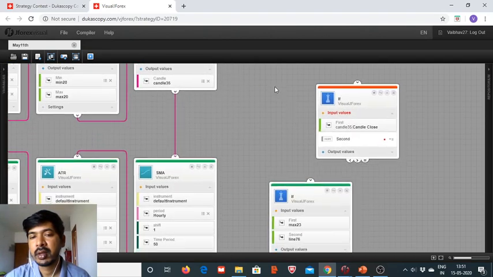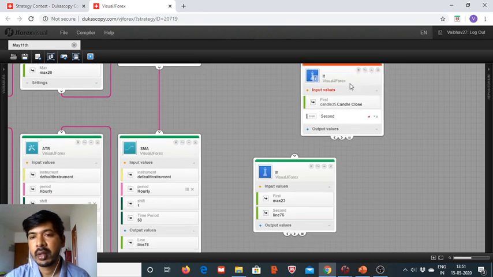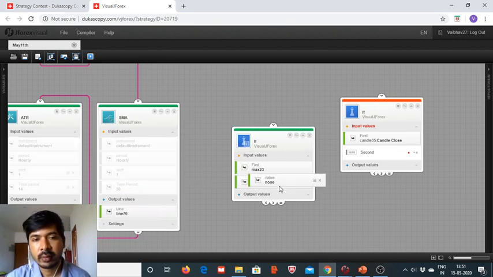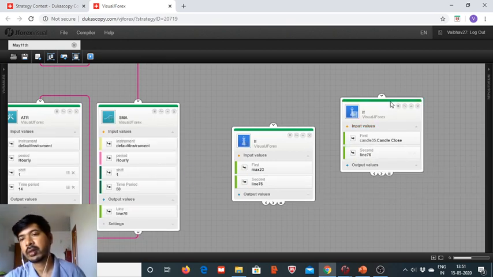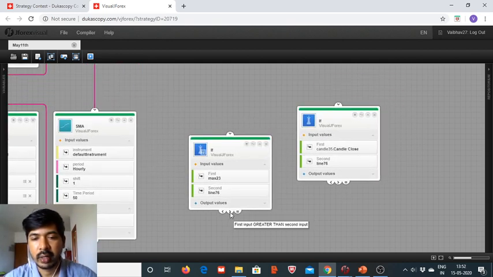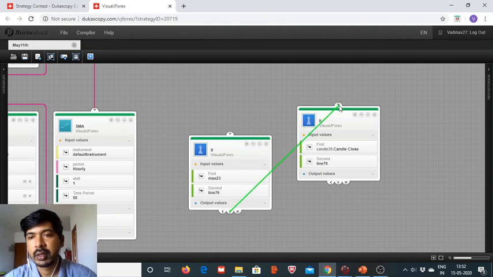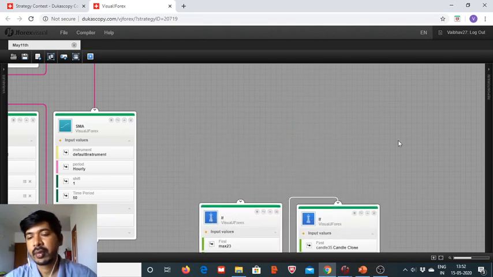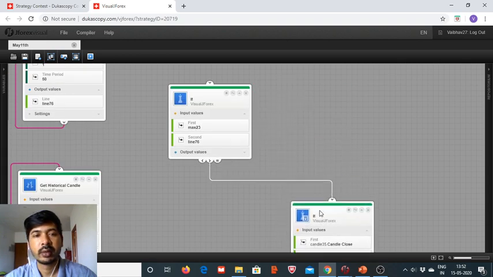And we here take, and this is 50 SMA. So we need the maxima to be greater than the SMA and then the closing to be less than the SMA.